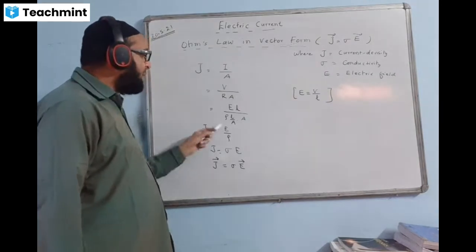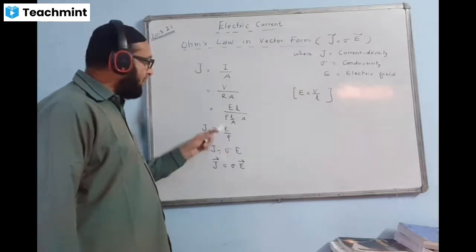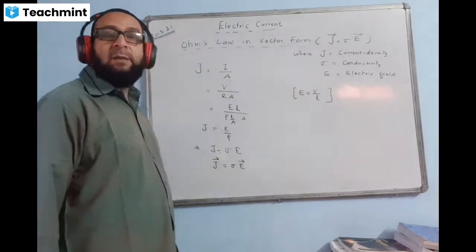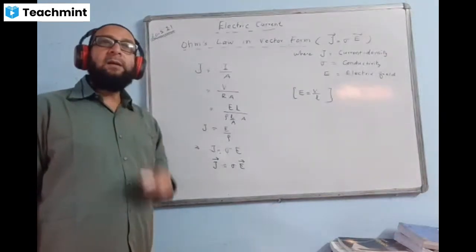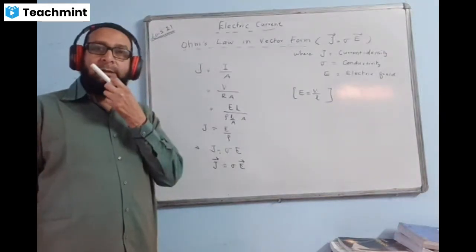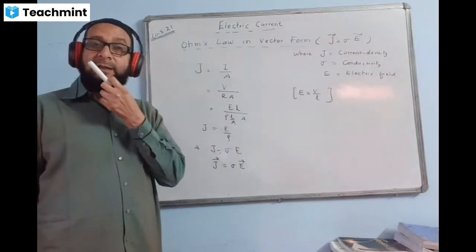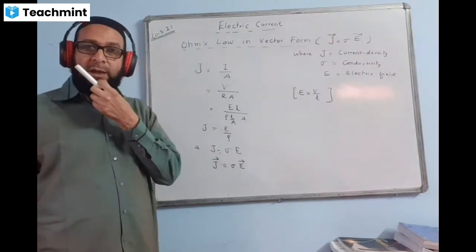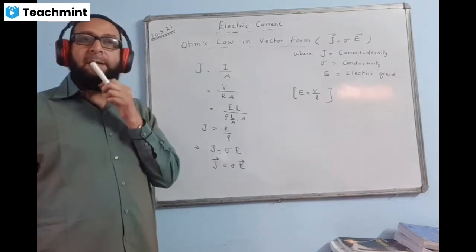Sigma is conductivity, 1 by rho. Sigma is the reciprocal of resistivity. This sigma is not the surface charge density, not charge upon area. Charge upon area we do in static electricity, where we used Gauss theorem, for the surface charge density of the parallel plate capacitor.